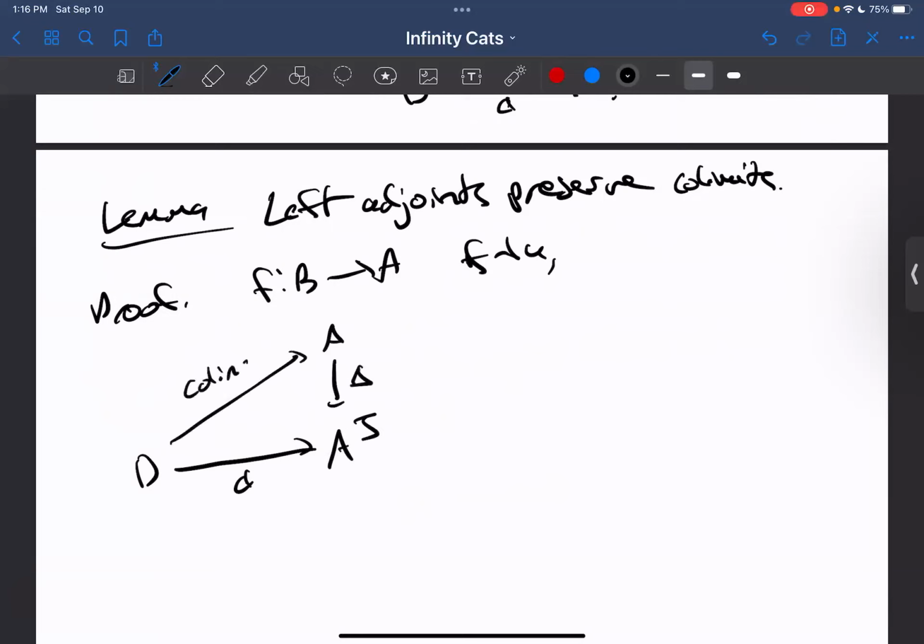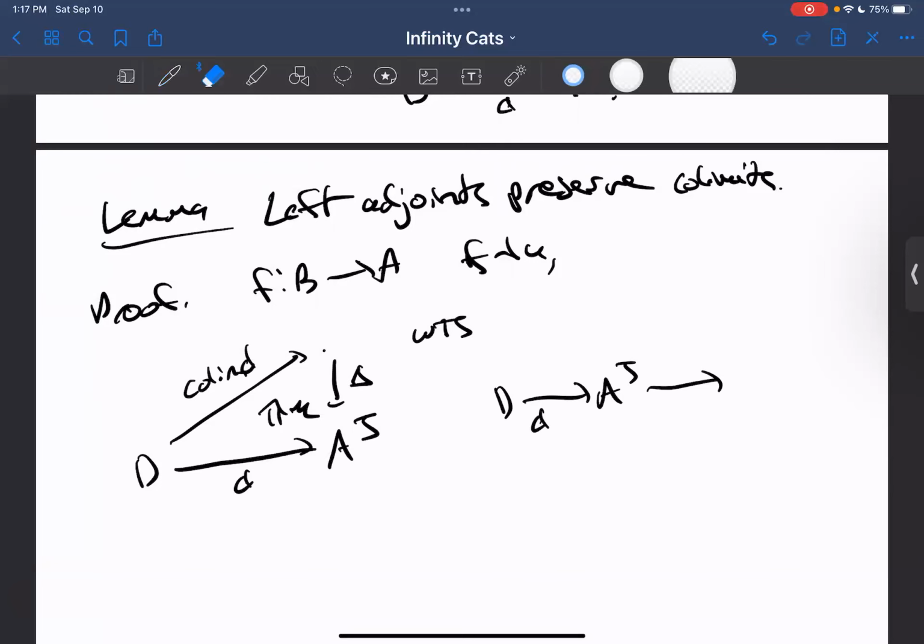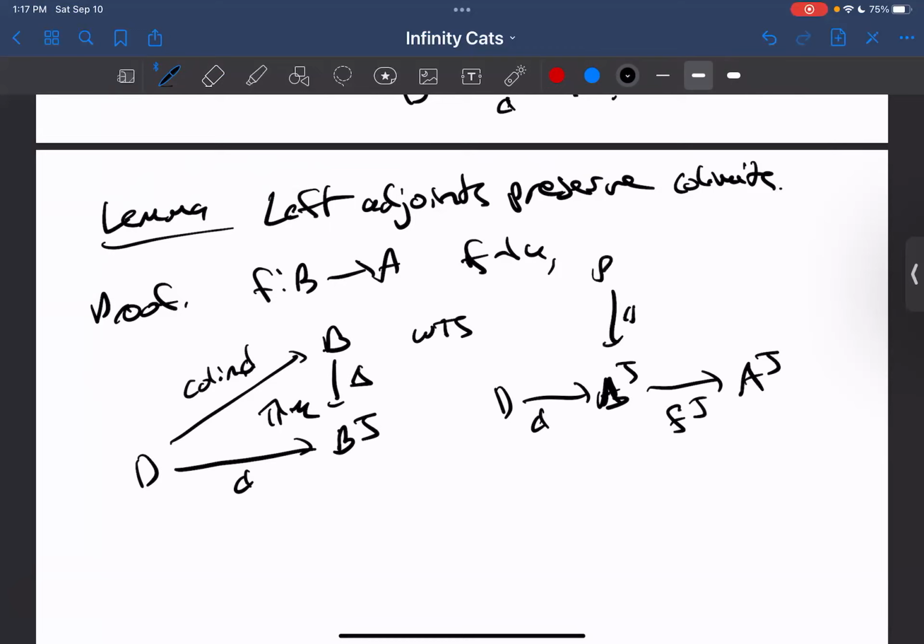So we have the colimit of D. Then we want to show that when we compose with the functor from B to A, because we want the left adjoints, A to the J. Here we're going to have our diagonal functor from B, colimit, our eta, we can go over here by F to A and then down by the diagonal.